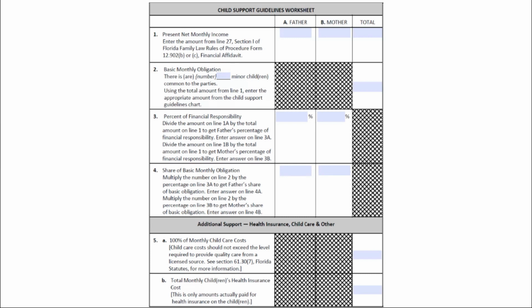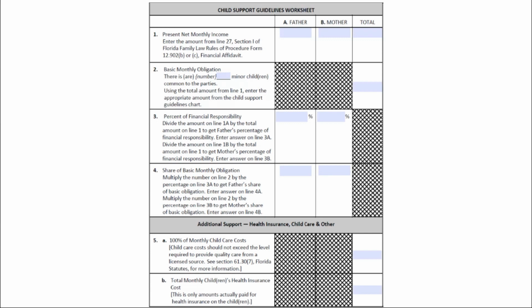Now, subsection 5 of the Child Support Guidelines worksheet begins to address additional support obligations. Subsection 5 specifically refers to monthly child care costs and monthly child or children's health care costs.